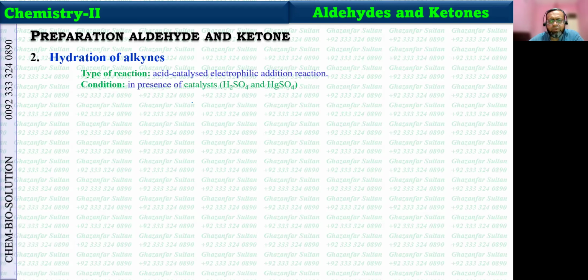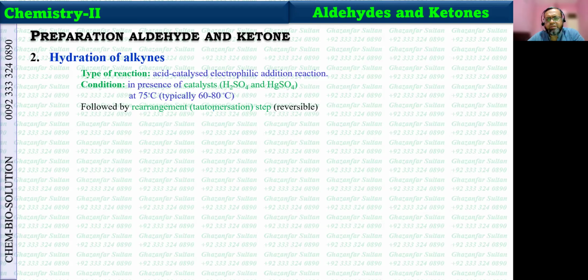So this type of reaction is an acid catalyzed electrophilic addition reaction because in the electrophilic mechanism, water is added to the alkyne pi bond, and the condition required is the presence of a catalyst, and the catalyst is the mixture of sulfuric acid and mercuric sulfate or mercury 2 sulfate. Temperature required is about 75 degrees Celsius, and typically it should be between 60 to 80 degrees Celsius.